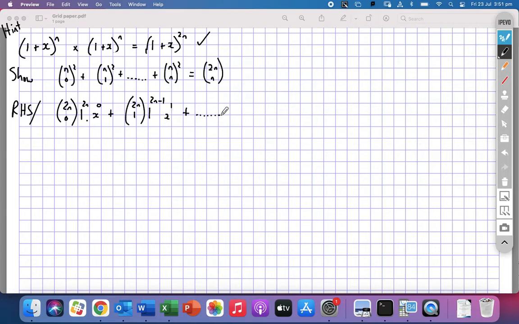In the middle, there's going to be a term, and I think it's in the answers. They give you the hint to look for this term. And by the way, all these powers of 1 to whatever power you like, it's just 1. At this point, you're going to get an x to the n term, and the coefficient for that term comes from 2n choose n.